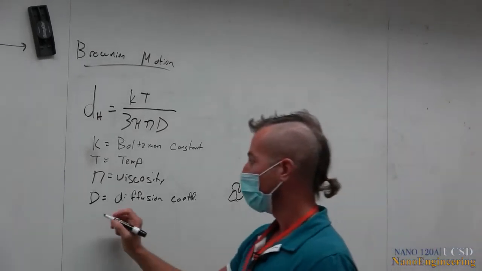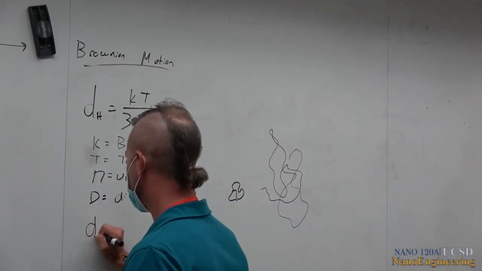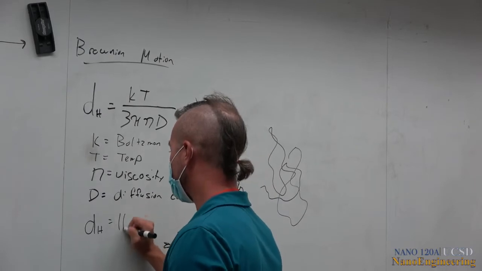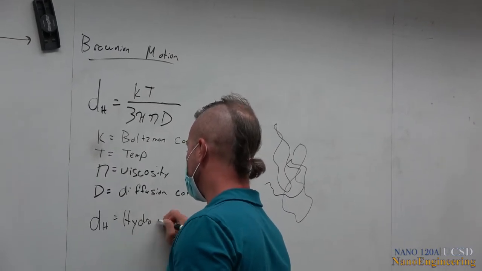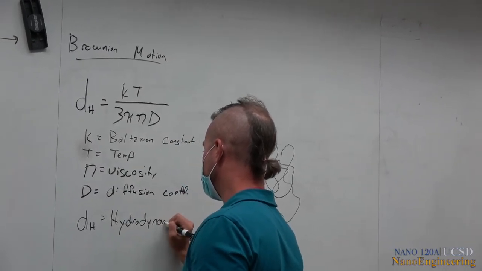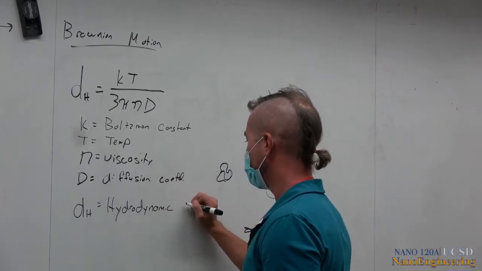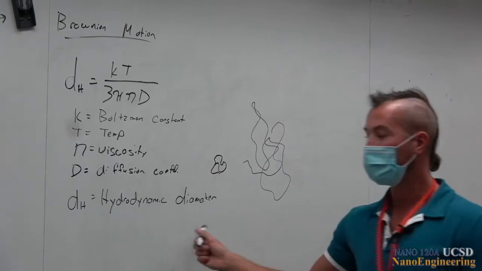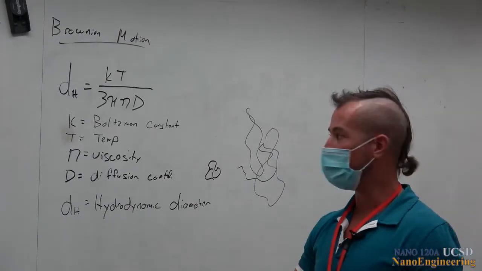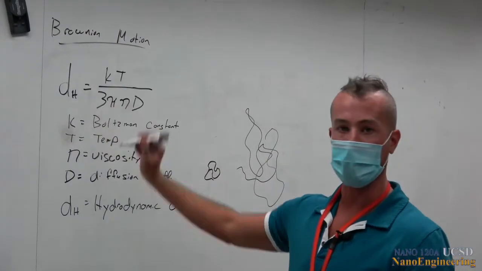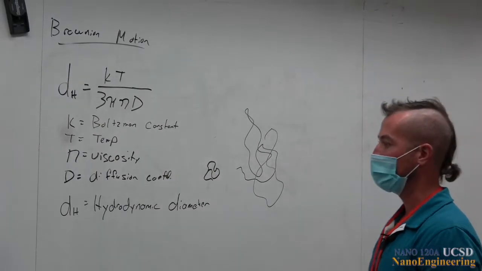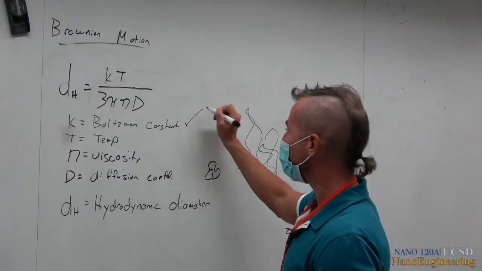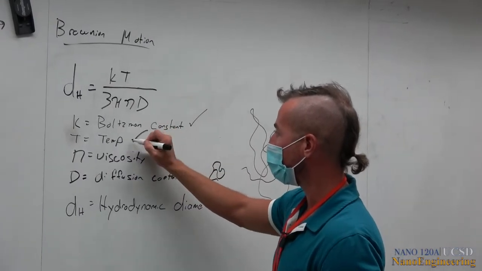Okay? And then little d_h is our hydrodynamic diameter. You'll probably hear me say hydrodynamic radius, same thing, except that becomes a 6. Right? Okay, so we know this. We can measure this, or we know it.